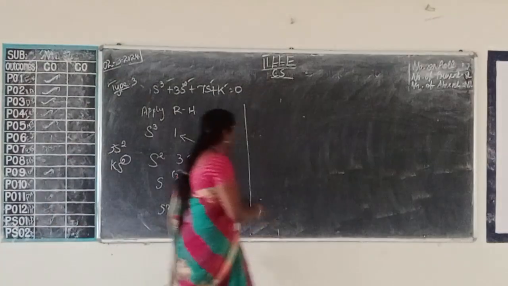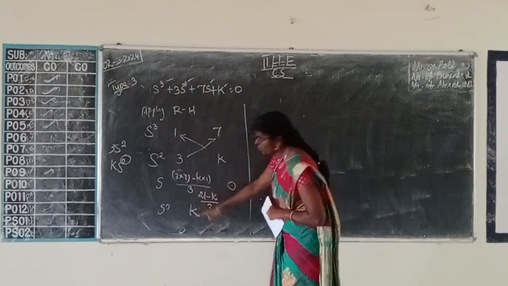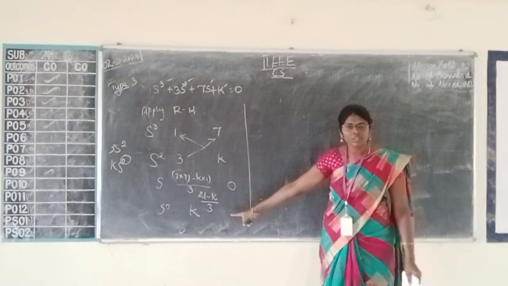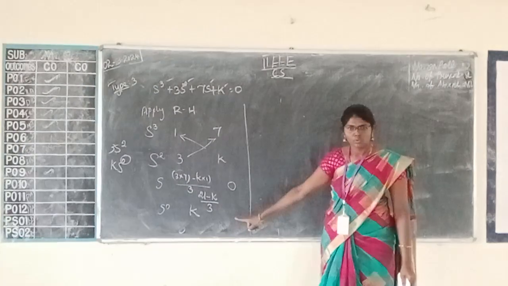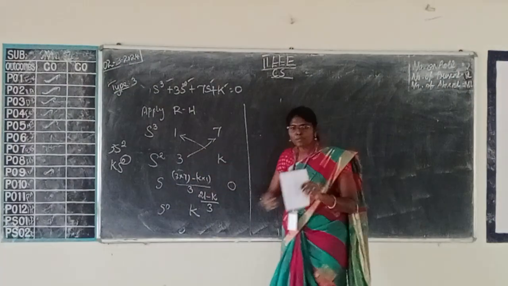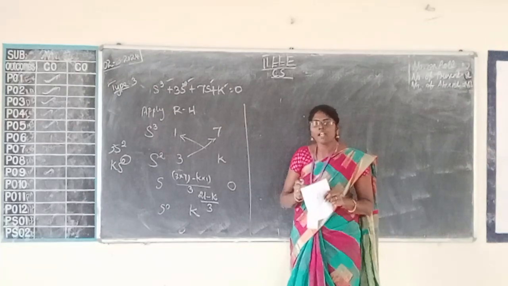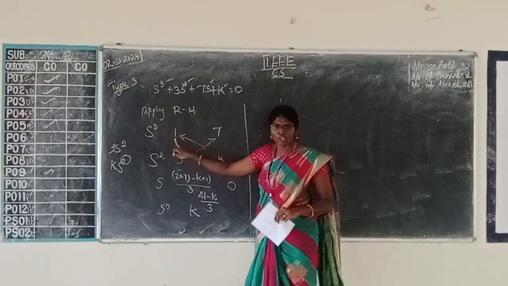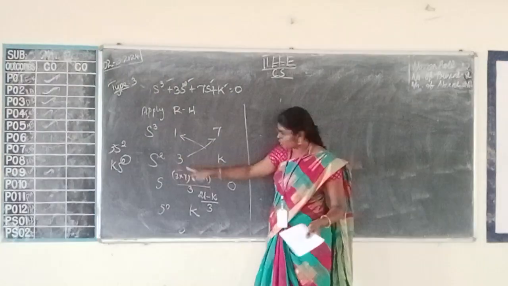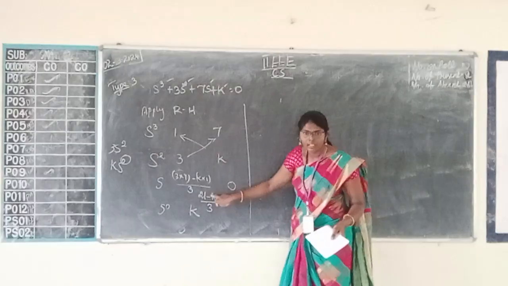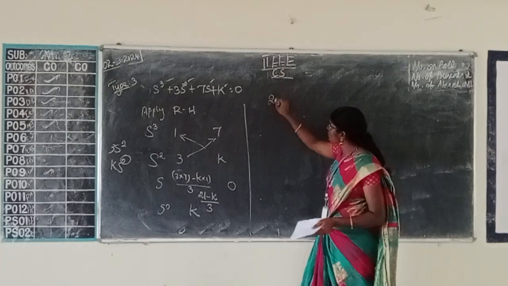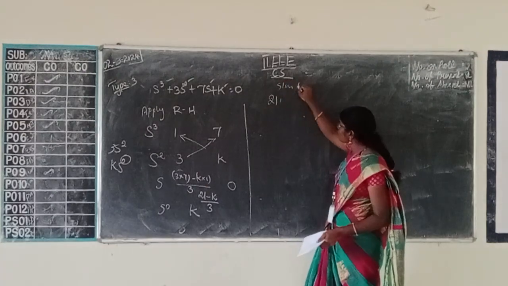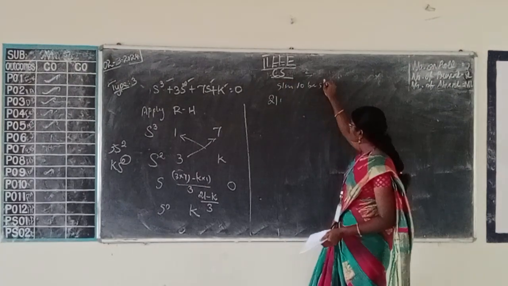Now, what we have to say, for the system to be stable, the first element of the array should be positive. Okay, so if it is positive, means we can say that the values must be greater than 0. 1 is greater than 0. 3 is also greater than 0, then this term should also be greater than 0. So for a system to be stable, what is the condition?